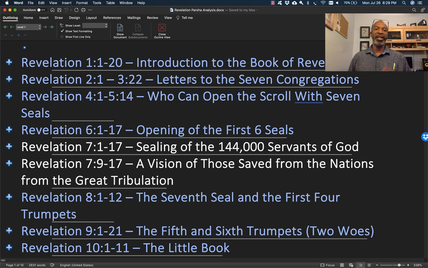Okay, Revelation 4:1 through 5:14 is who can open the scroll with the seven seals. And again, as I said, whenever you summarize a passage of scripture, you need to look for maybe 4 to 8 words max. Okay, 4 to 8 words max is a good general rule.